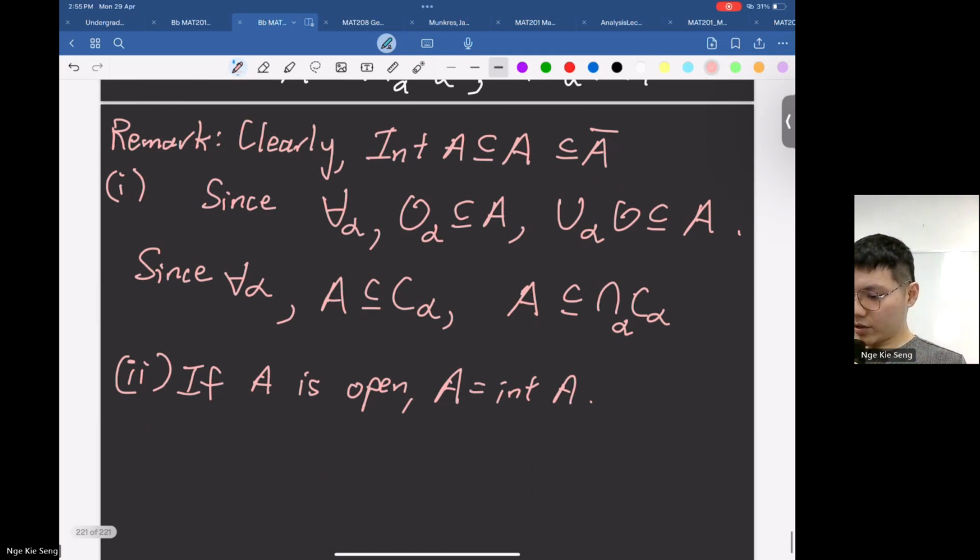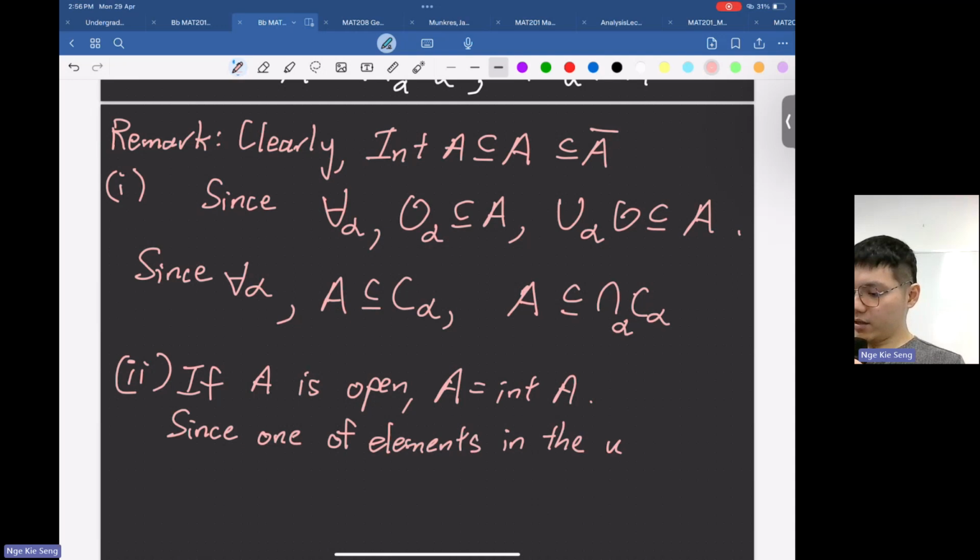Since one of the elements in the union is A, you take the union with the largest element, which is A.